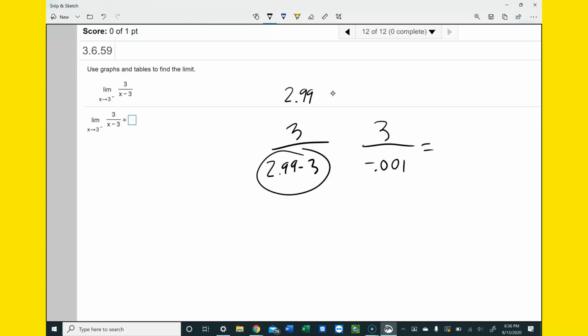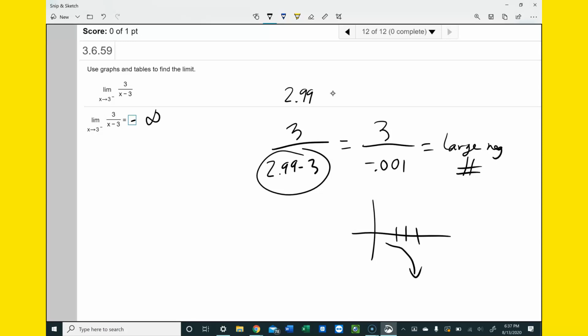And what's that going to be? 3 divided by a small negative number: the smaller that number gets on the bottom, the larger this number gets. So it's a large negative number, which means as we approach 3 from the left, we're going down toward negative infinity. So the limit will be negative infinity.